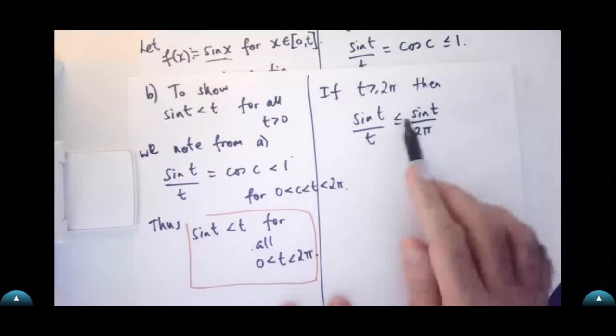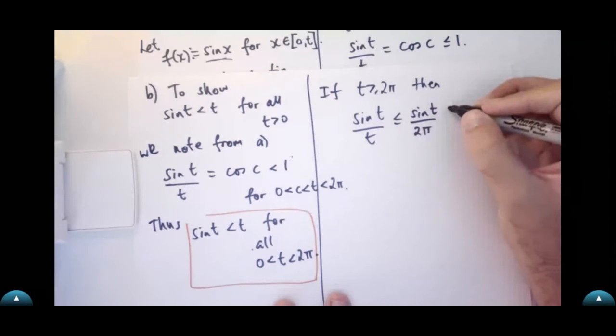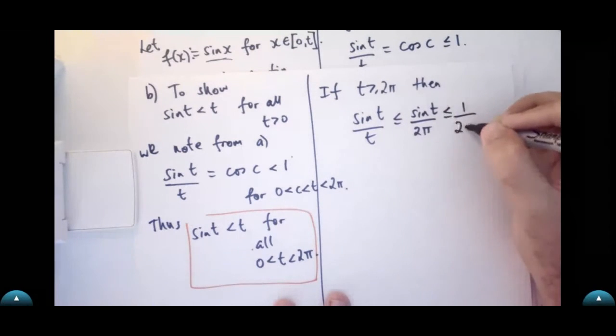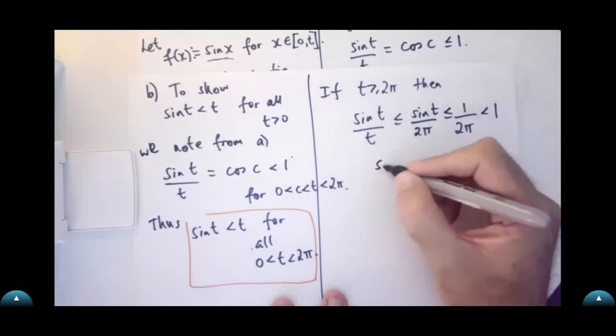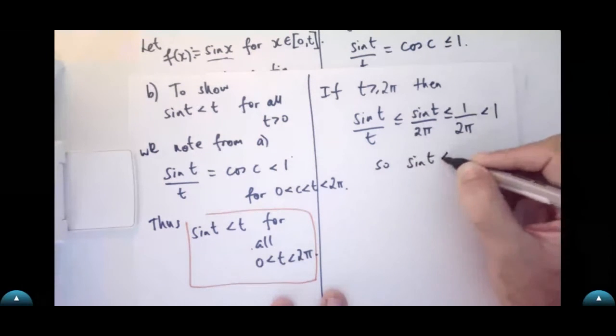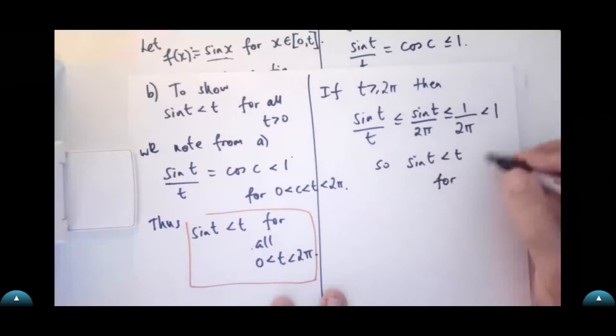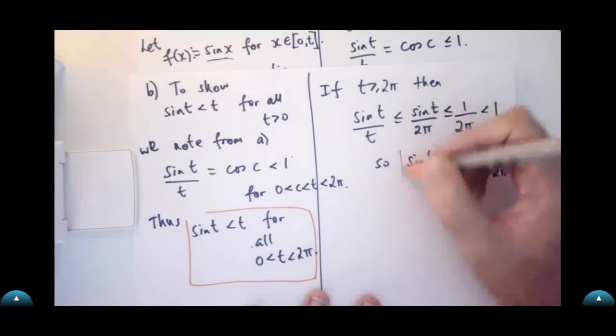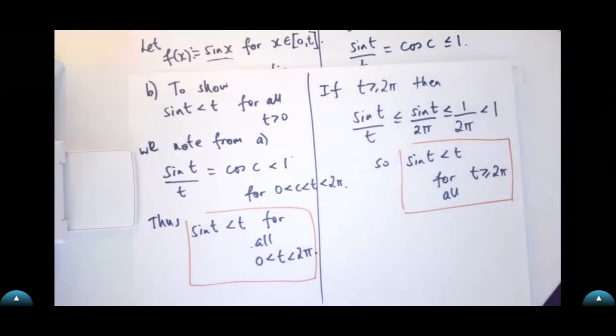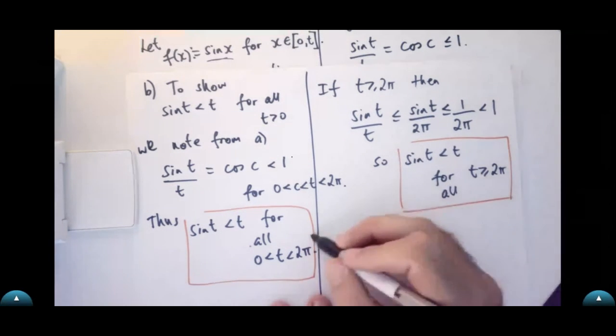I'm dividing, so I flip the sign. That's less than or equal to 1. And this is less than 1. So that's the second part of this. You've got the inequality you want on this interval. You've got the inequality you want everywhere else. You combine them and you've done the question.